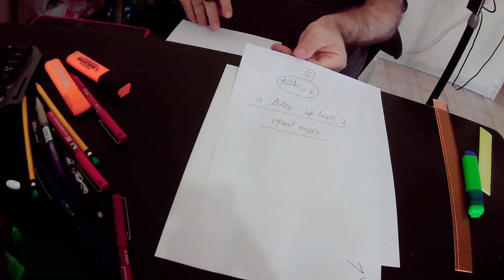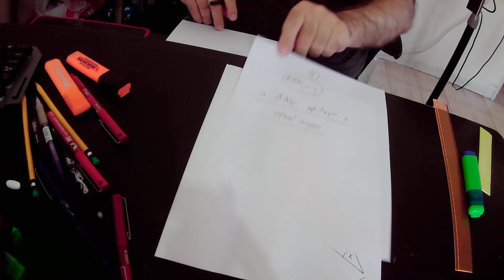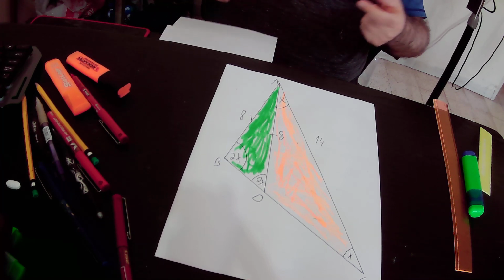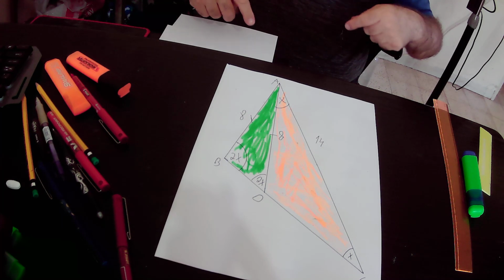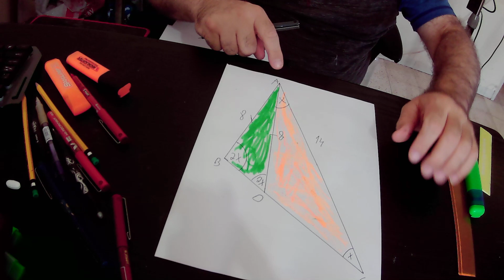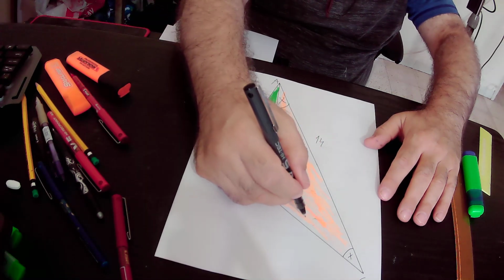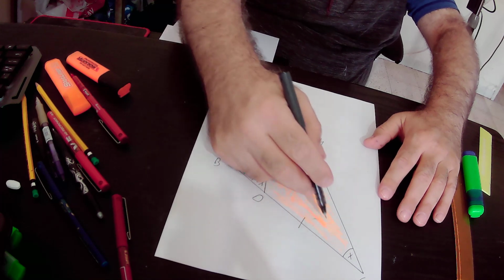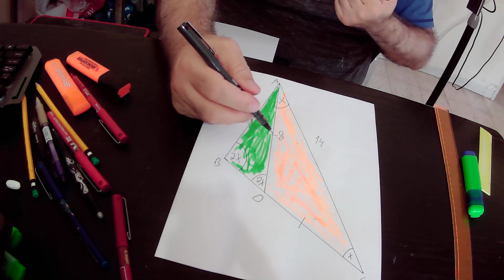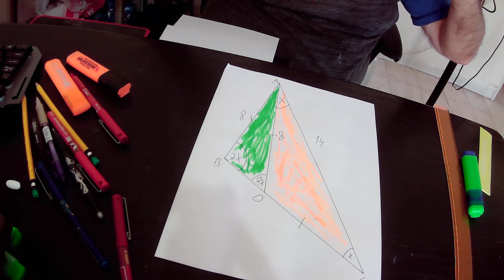In the orange triangle ADC, we have two equal angles, and according to rule number 1, which states that in front of equal angles in a triangle there are equal sides, in front of this angle x we have side DC, and in front of this angle we have side AD. The sides in front of equal angles are also equal between them.